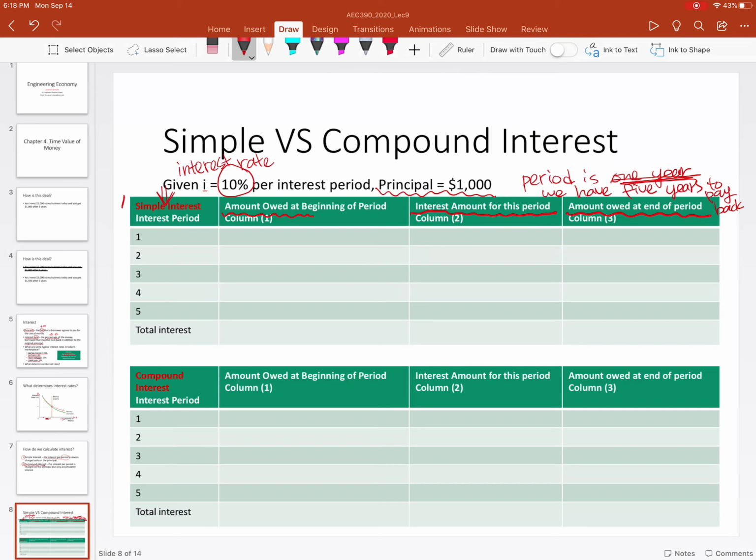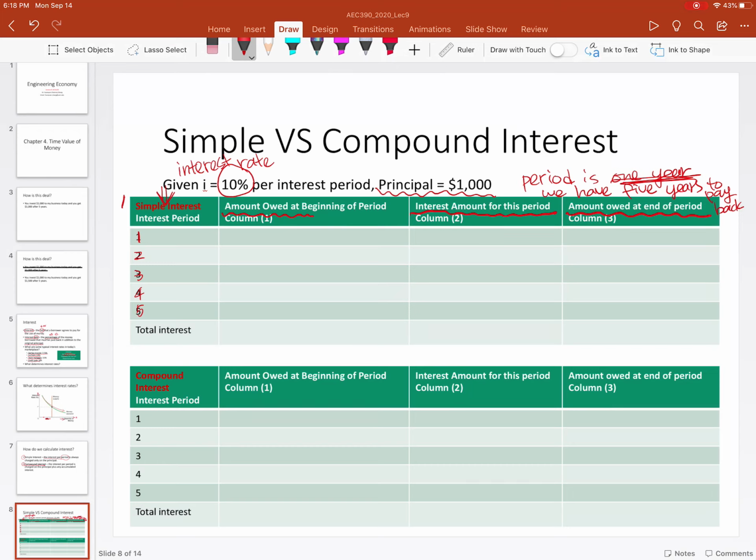Year 1, year 2, year 3, year 4, year 5. So you're going to have 1, 2, 3, 4, 5. That's your 5 interest periods. At the end of each period, the bank will calculate how much interest you owe.